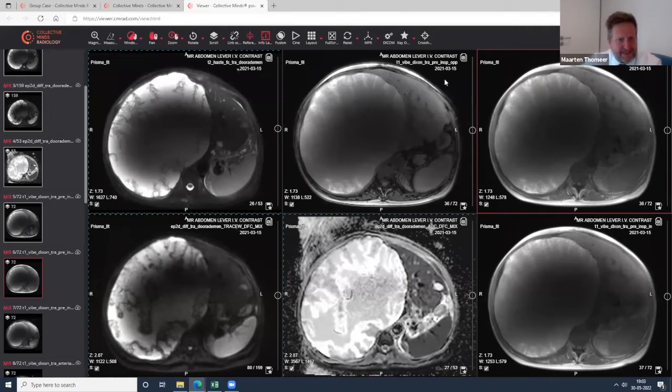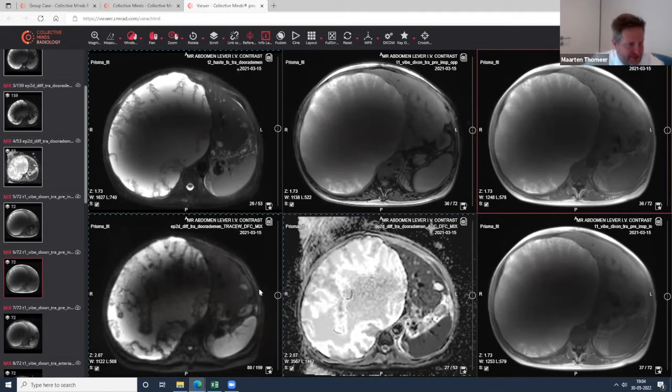And it's hyperintense on T1 and hypointense on T2. If it's hyperintense on T1, it can be blood, it can be melanin, it can be heavy metals or glycogen. Based on this, I would prefer to state it as blood residues.